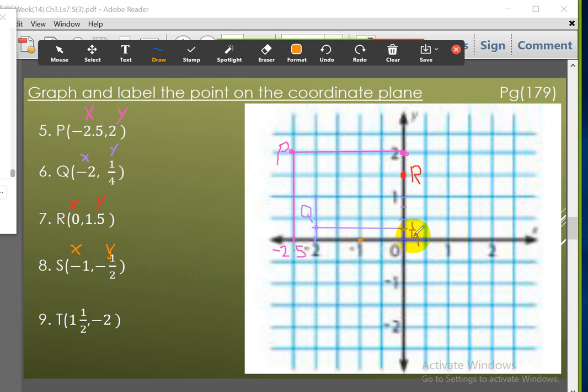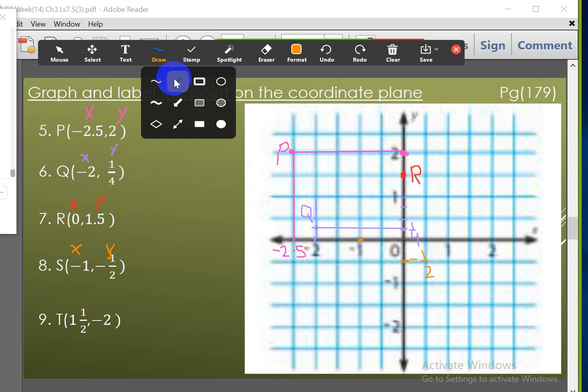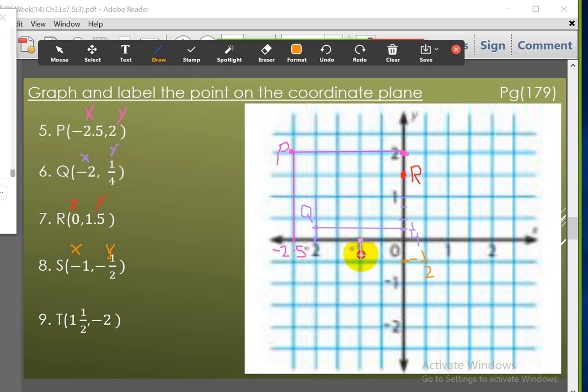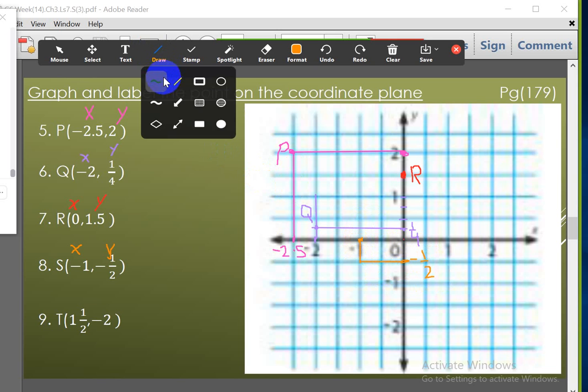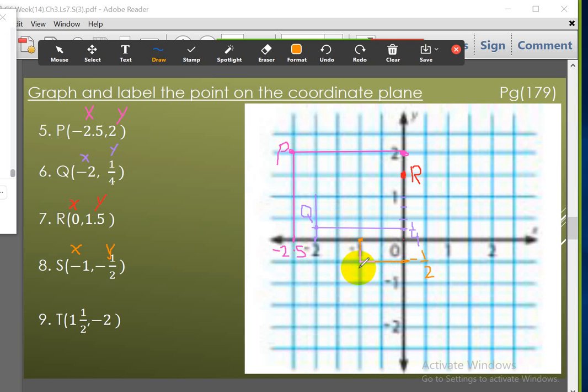A fraction, that means between 0 and -1, in the middle. This is -1 over 2. Now I will take a vertical line from the X coordinate and a horizontal line from the Y coordinate. They will intersect in the point S. This is S.